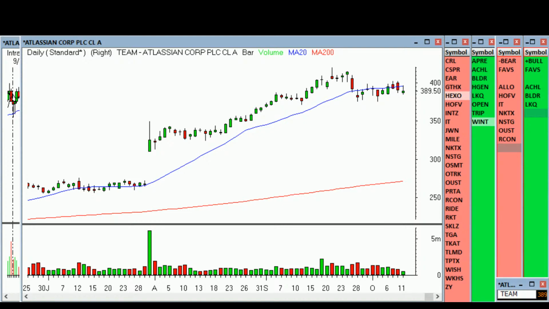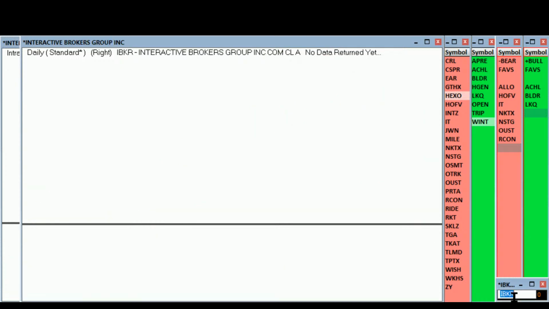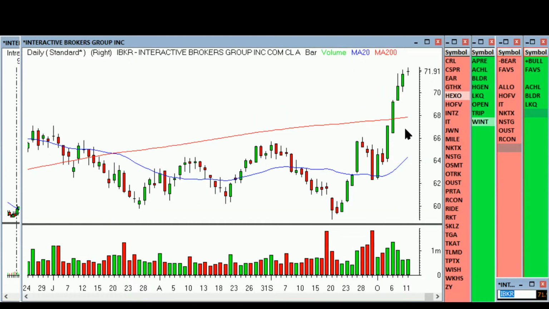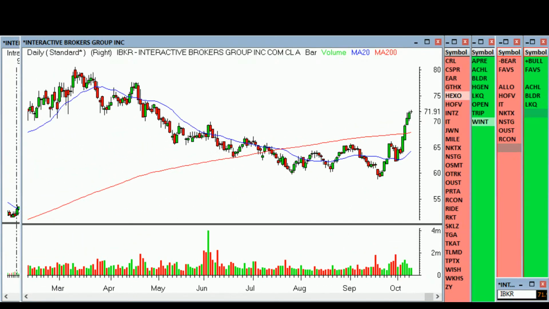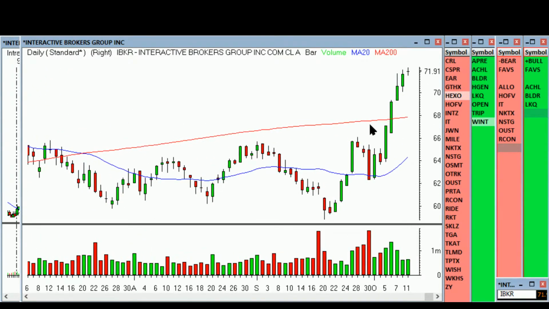On IBKR, the 200 MA is above the 20. Just wondering if you still go swing day trade long near the 20. After a deep pullback, it's going to be, because it had a deep pullback. So yeah, I will go long. Look, the 20 and the 200 are just lines on the charts.